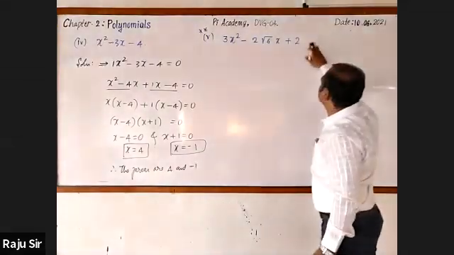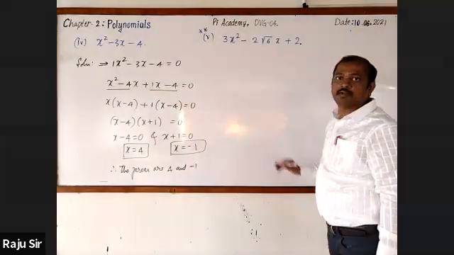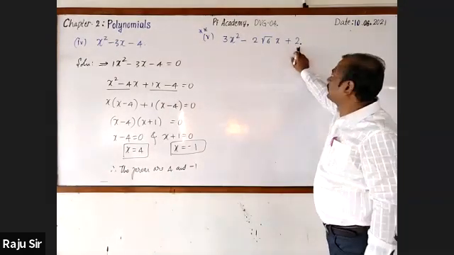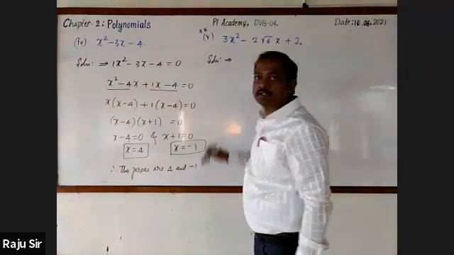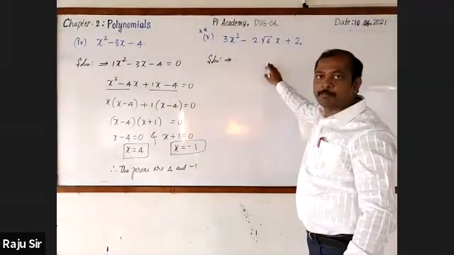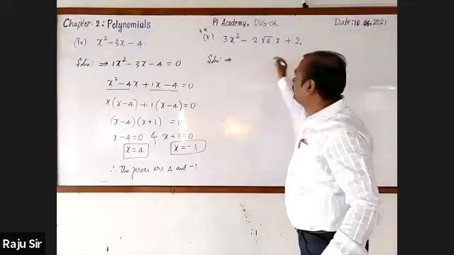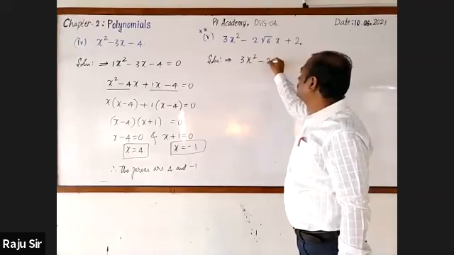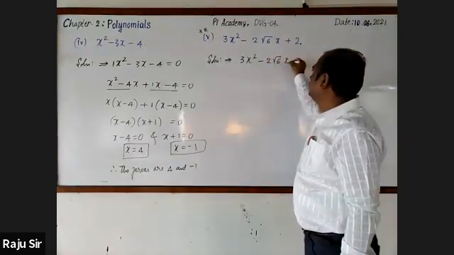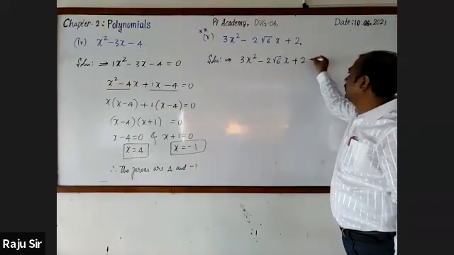Sorry, not equal to 0, it is just a polynomial. Up to here only. Now, please write with me. The very first step is we will equate the given polynomial to 0. I'll write the same: 3x square minus 2 into root 6 into x plus 2 equal to 0.